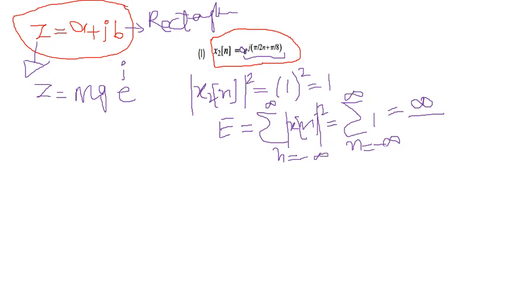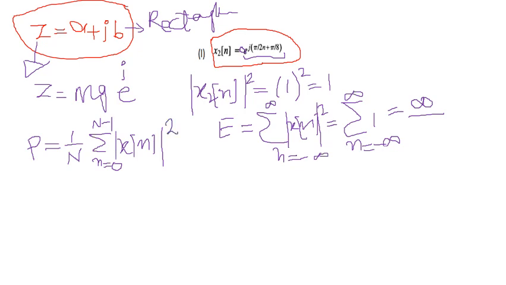Now let's see what the power of this signal is. To find the power of a signal in the case of discrete time, we have the period equal to N. So the power is 1 by N times the summation, with n running from 0 up to N minus 1, of the absolute value of x of n squared.